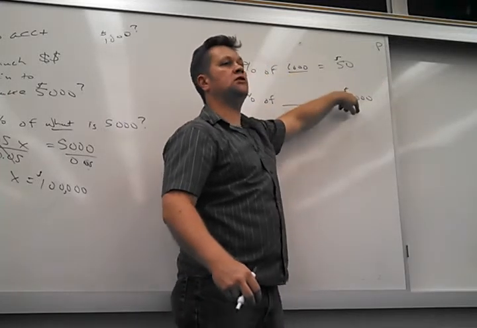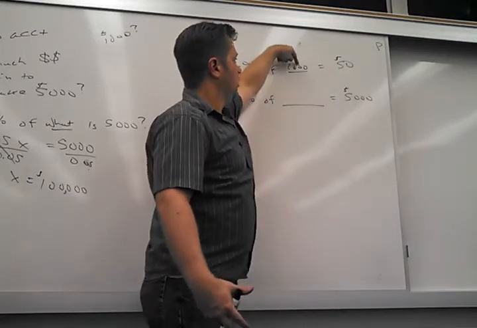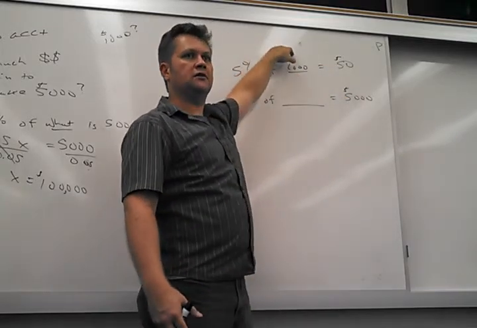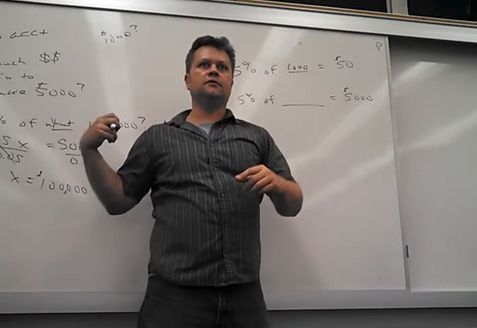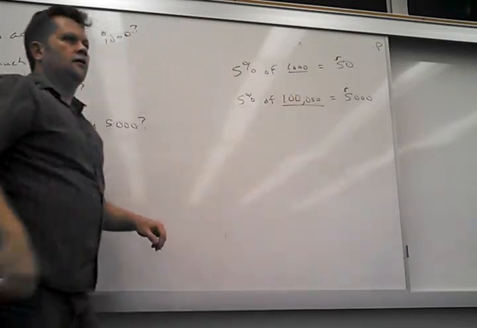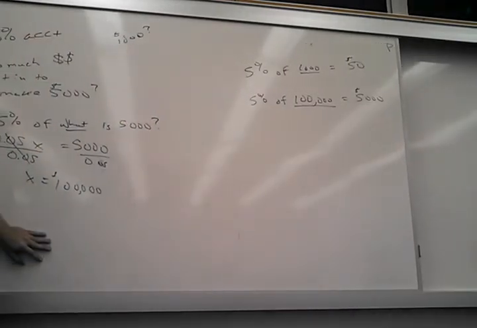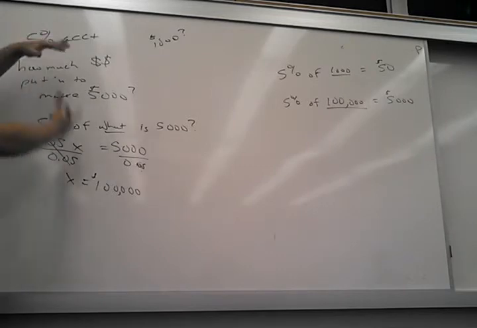I want 100 times as much money, which means I have to put in 100 times as much. And what's 100 times 1,000? 100,000. So it only makes sense what we got. That, of course, is a shortcut. The reason we did all this is because if the numbers aren't nice, I want to have a procedure that will actually work.